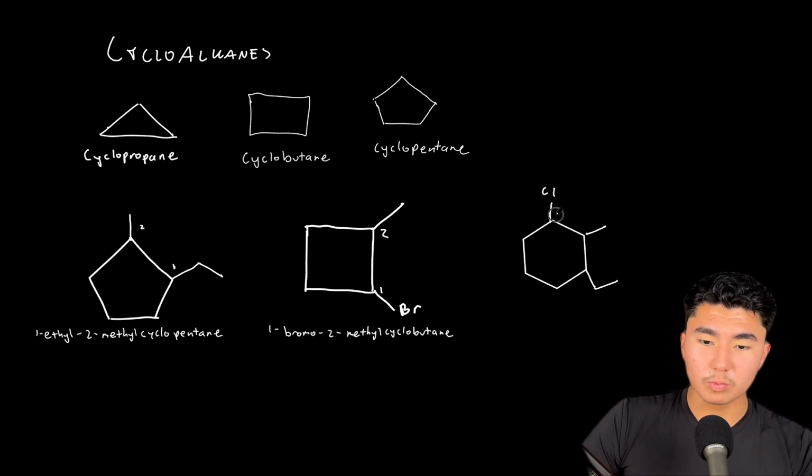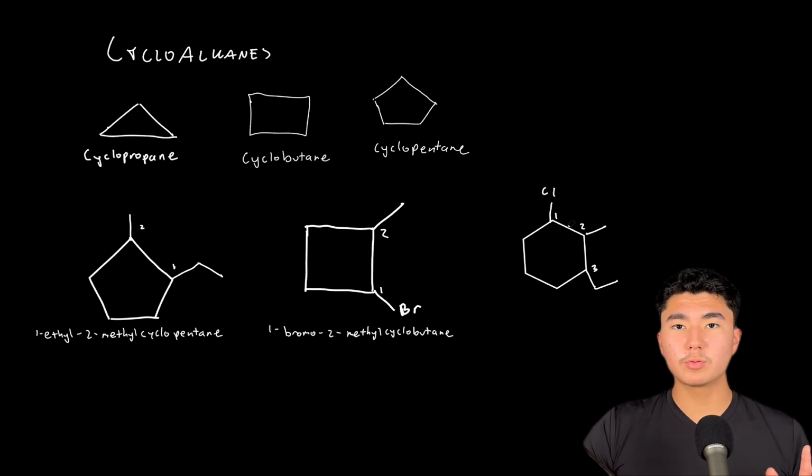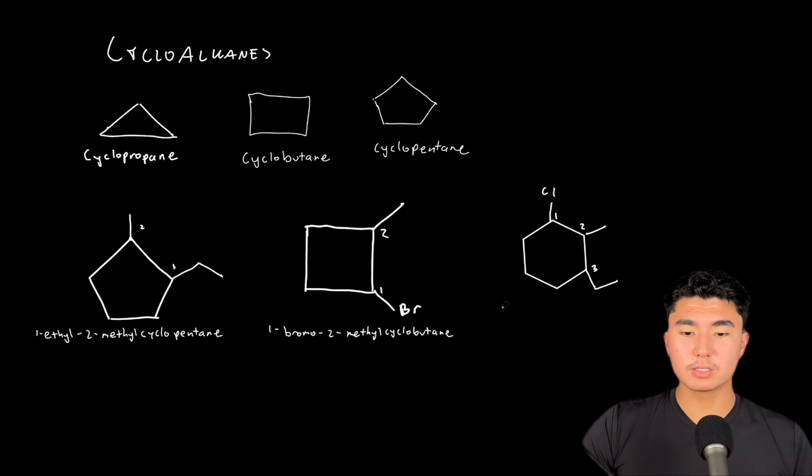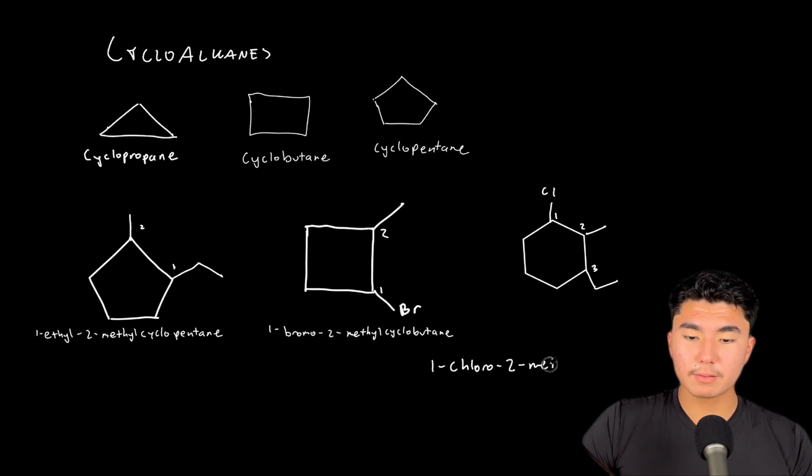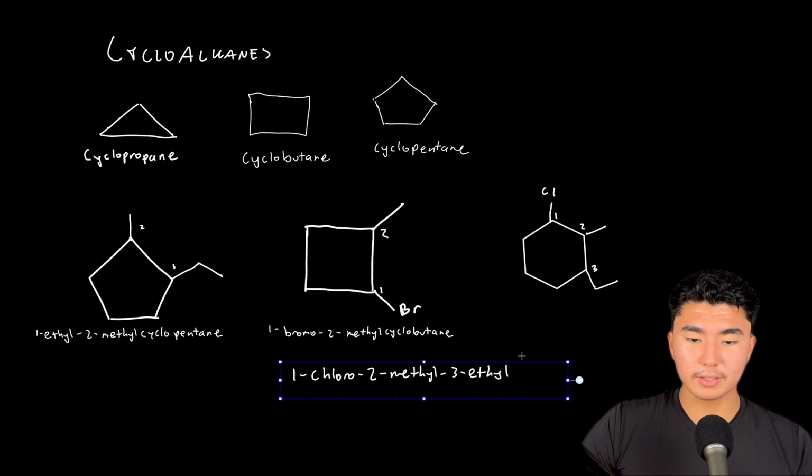So this is going to be 1, 2, and 3. That's the correct way of counting our carbons, and this is actually going to be a longer one, so I'll write it down here. 1 chloro dash 2 methyl dash 3 ethyl, and let me move this around here to add that cyclohexane.